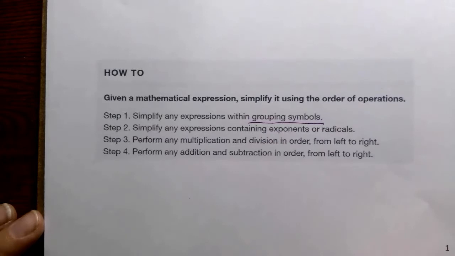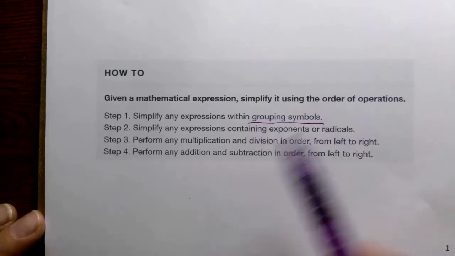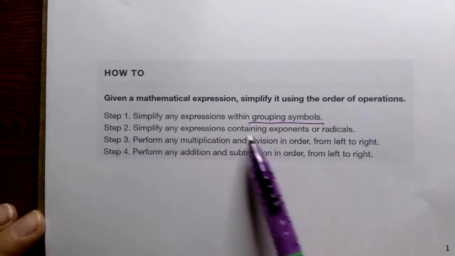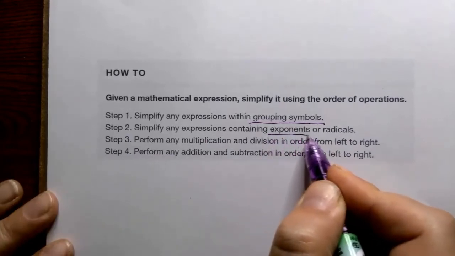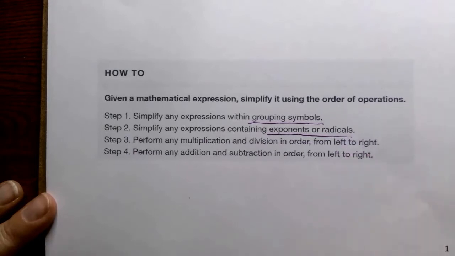There are other grouping symbols, such as the square root symbol or a division symbol, the fraction bar. Those are also grouping symbols. Then step two, you're going to simplify any expressions containing exponents or radicals. Again, PEMDAS just says exponents. Well, radicals are types of exponents too.